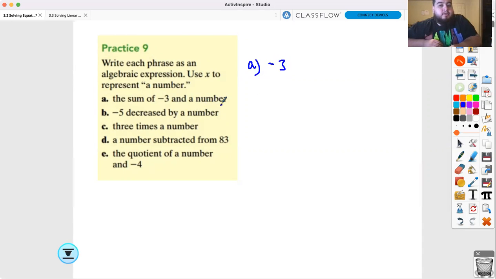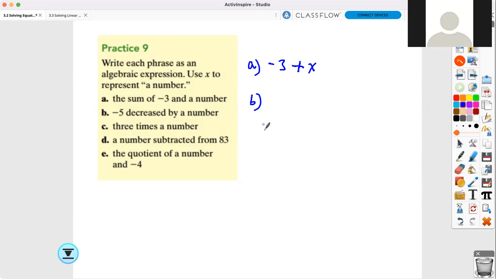Remember, what should we be using for the phrase a number? X. Did I say 6? Oh, I meant X. You did say 6, but I'm pretty sure you meant X too. No, you're good. Don't trust me. I've made some silly mistakes before. The worst part is they were on tests.